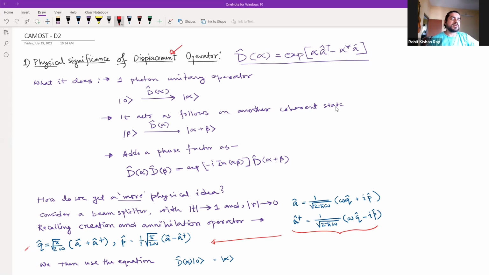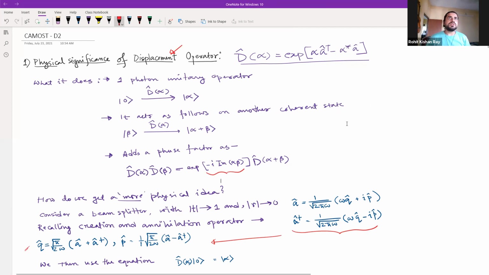What it displaces is something of this form; in detail I'll discuss later. The zero state is converted into a coherent state alpha. It also displaces a coherent state beta to alpha plus beta, and this displacement introduces a phase into the equation of displacement.